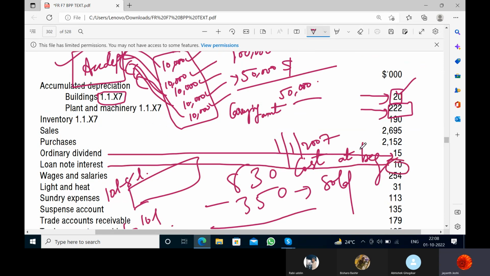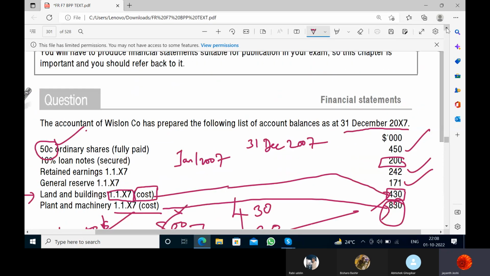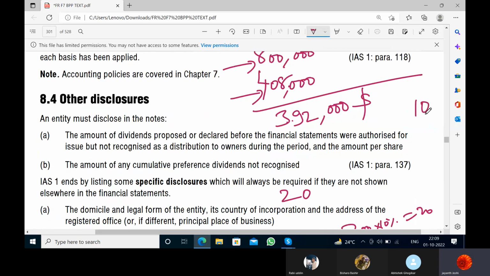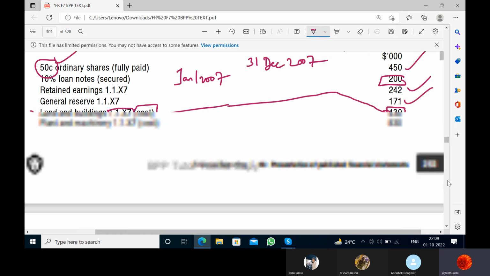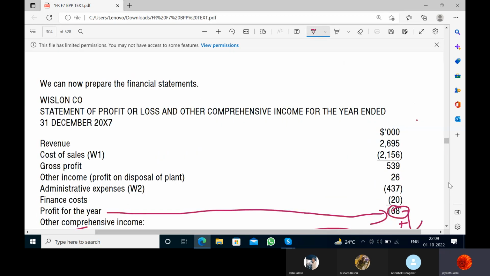That means this has been paid, and that means you are supposed to pay 20 in total. Since you are supposed to pay 20, 10 you have already paid, and 10 is outstanding. So that 10 outstanding is making it 20 completely. This 10 outstanding should be written in the liabilities as accrued expenses, outstanding expenses. So we will take that as 10.